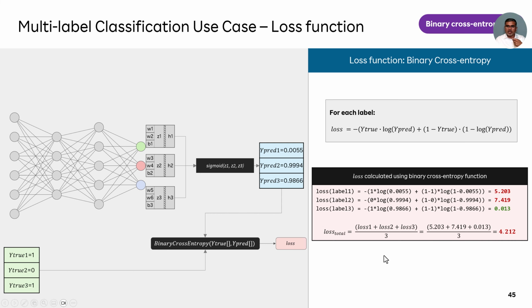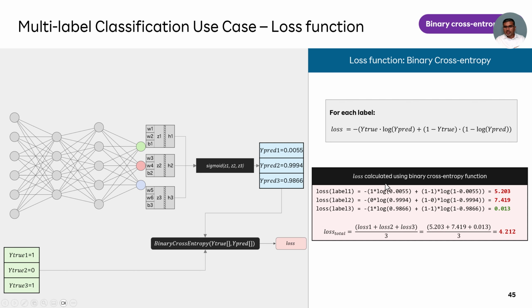Okay, let's start with the binary cross entropy loss function. We had already studied this during the binary classification use case. The formula is pretty simple. You basically take the y truth value, multiply it with the log of the y pred value, add it with 1 minus the y truth value, multiplied with the log of 1 minus the y pred value.